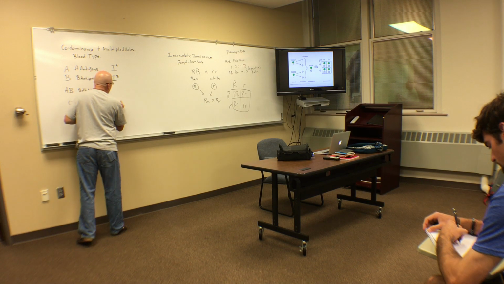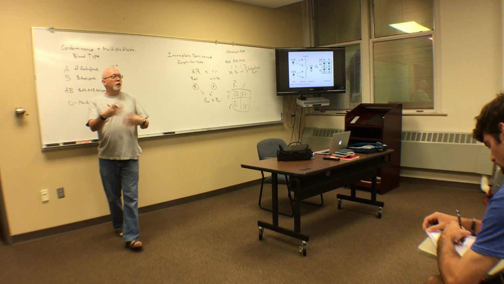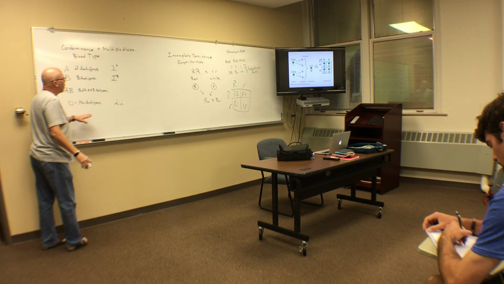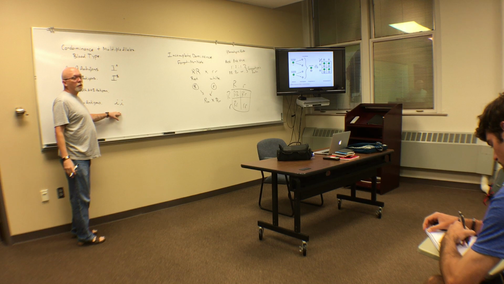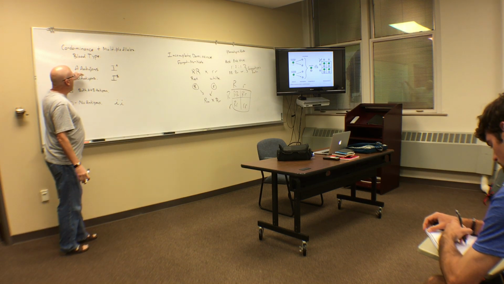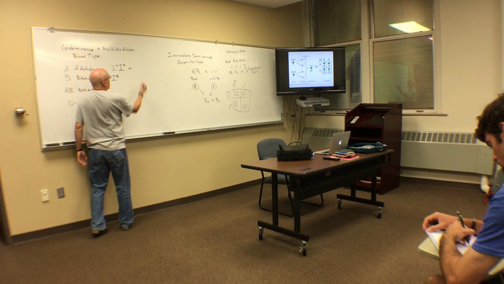Having no antigens is just like having no pigment. The allele just doesn't produce any antigens. And so if you are type O blood, we know that you're homozygous recessive because you're not producing any of these antigens.